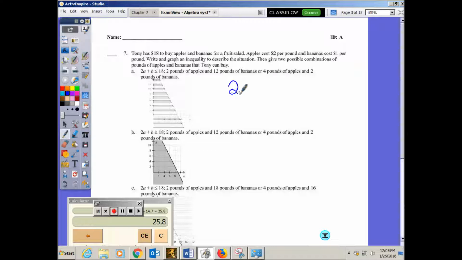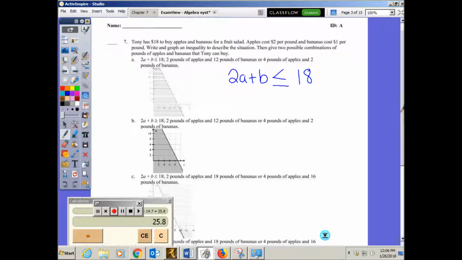Apples cost $2 and bananas cost $1. Can he spend more than $18? No. So it has to be less than. Can he spend equal to $18? Yes.